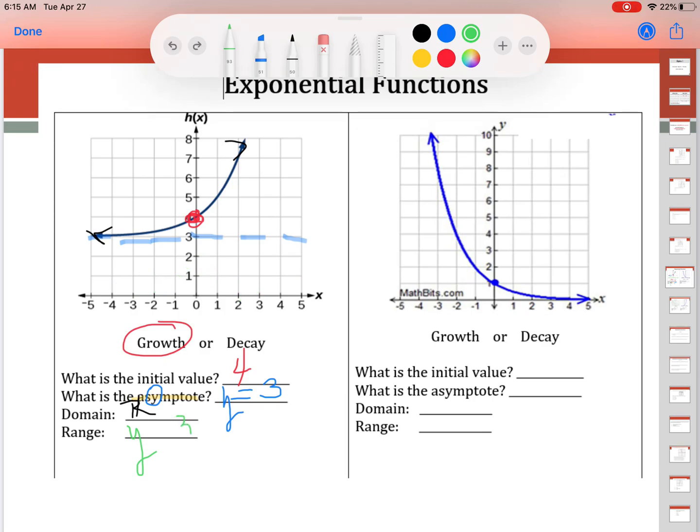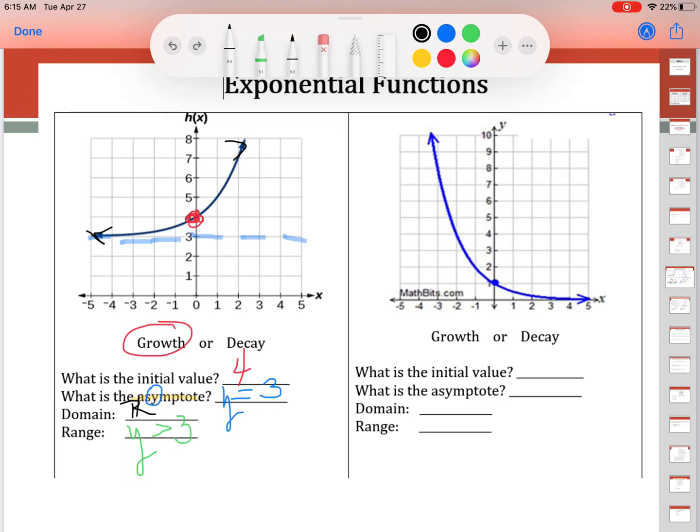All of my y's start at the number positive 3, and they're all above the asymptote. So in this one here, all of my y's start at the number positive 3, and then it goes up forever. So it's not greater than or equal to. It doesn't touch the 3 because there's an asymptote there. So it's just everything greater than 3.